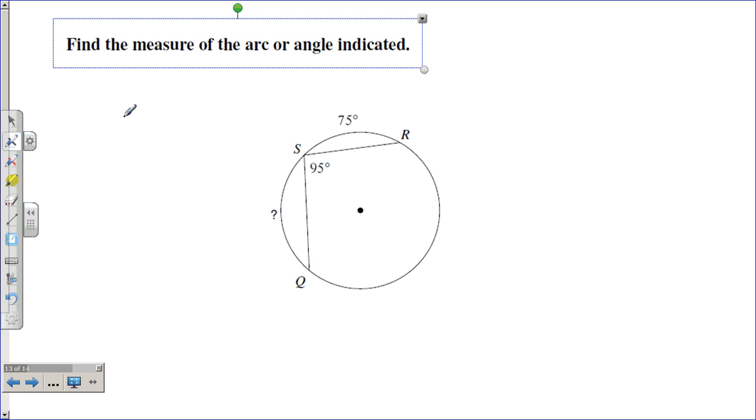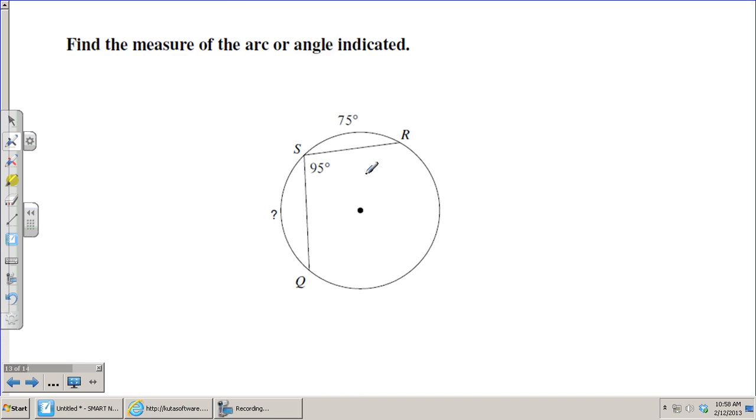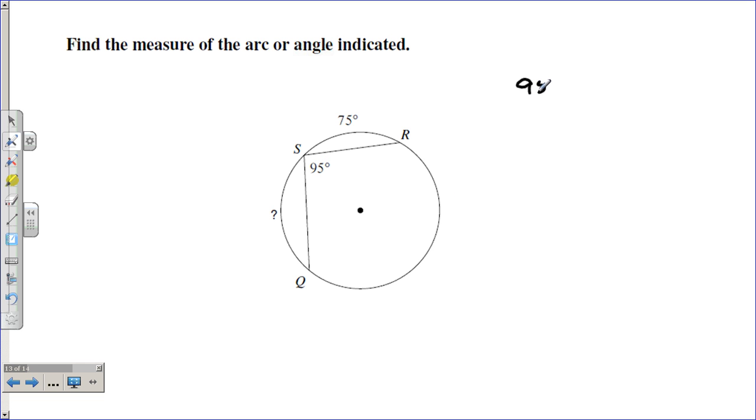Okay, this time it's asking how much is this arc. Well, this one's going to require a little more work. If this is 95, then this big arc it makes, I go 95 times 2, I'd get 190. Now I know that this one's 190. It's asking for here. So what I got to do is go 360 minus 190 minus 75.